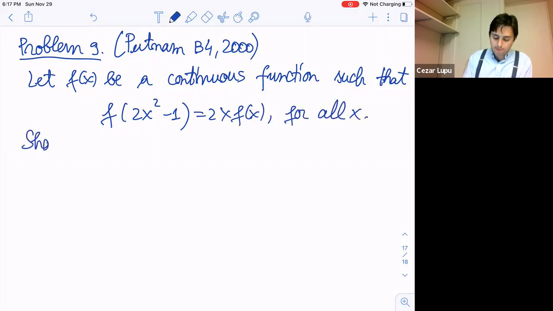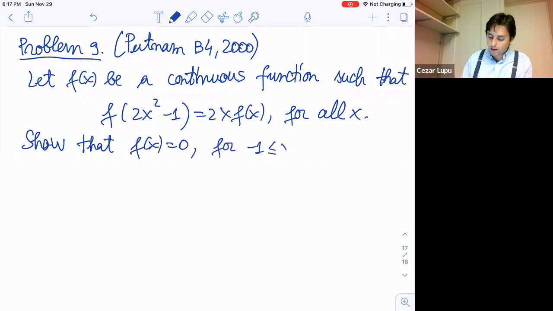Show that f of x is 0 for all x between -1 and 1. Okay, so that's the statement of the problem.